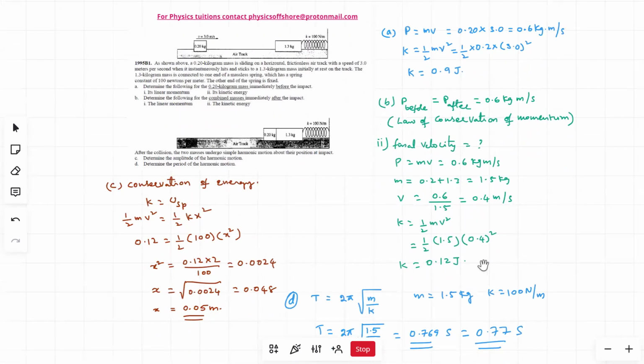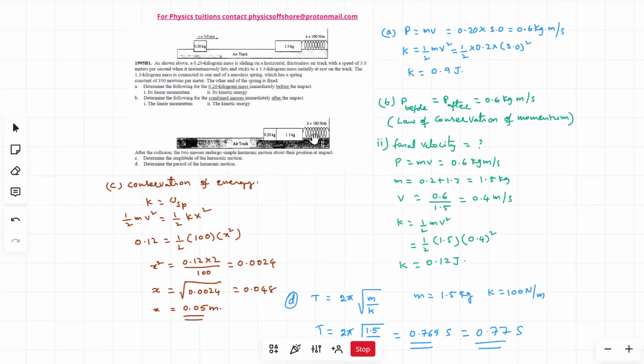Next, we have to find the amplitude of the simple harmonic motion. To find it, we use conservation of energy. The first block has kinetic energy, which is the initial energy of the system.